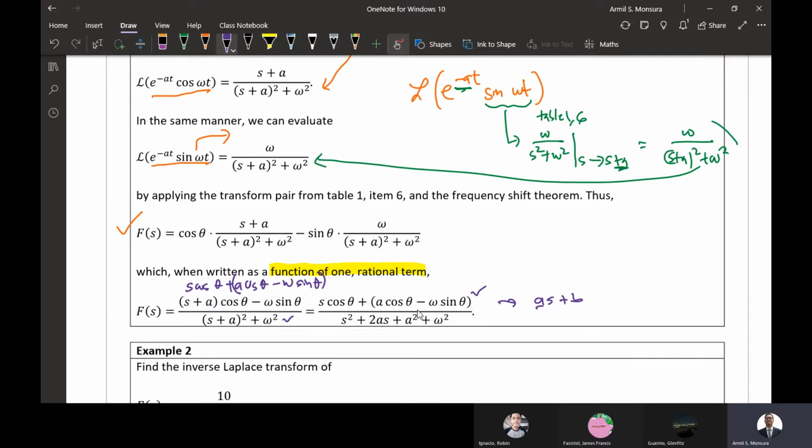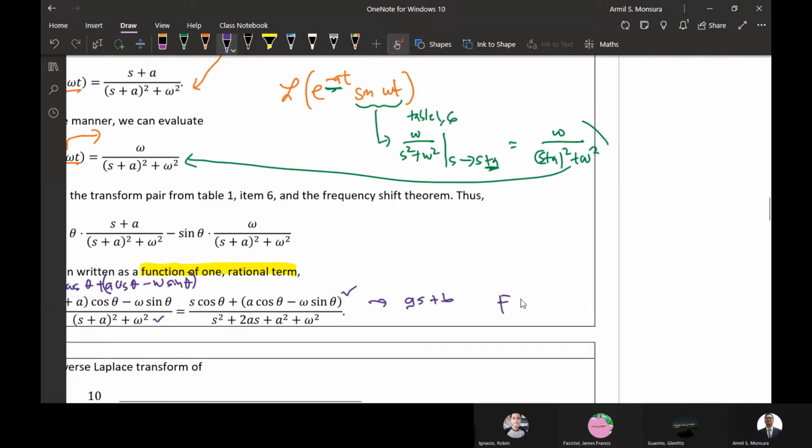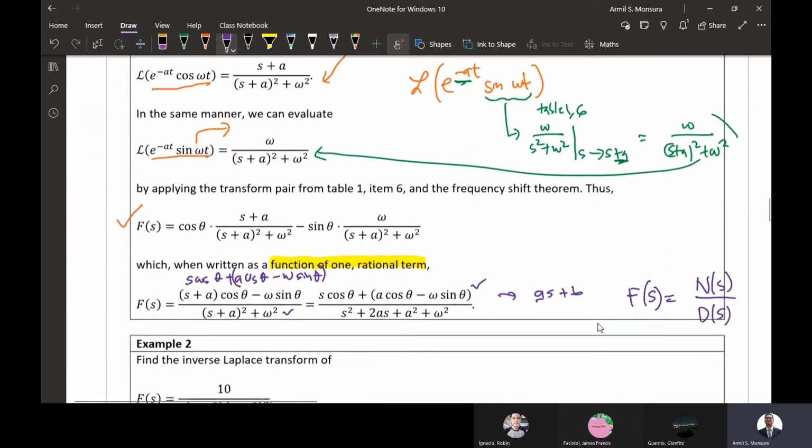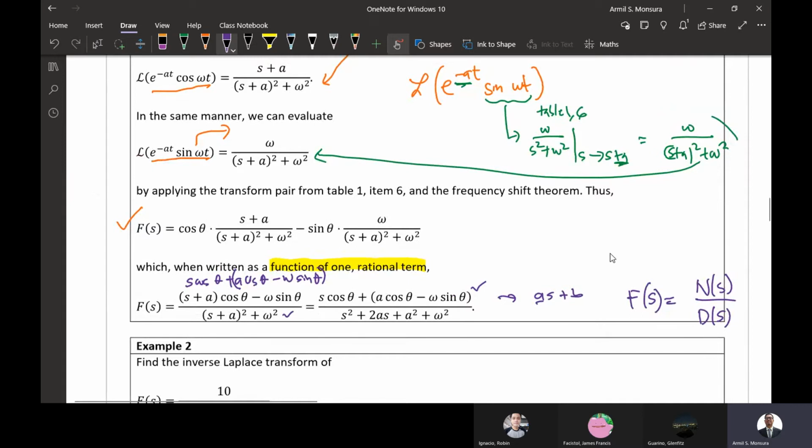Sa Laplace transform natin. Dapat ano siya? Numerator polynomial over denominator polynomial. Ganyan dapat nakasulat lagi yung Laplace transform natin. Okay? So, ayun. Okay.